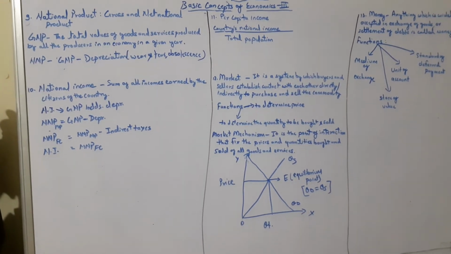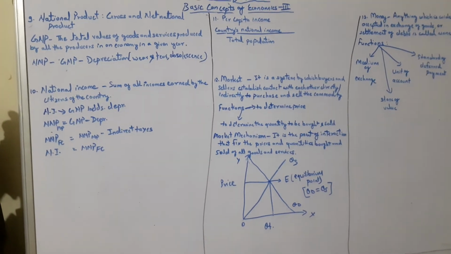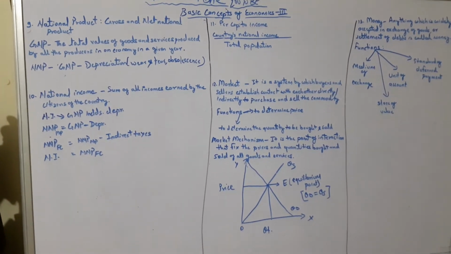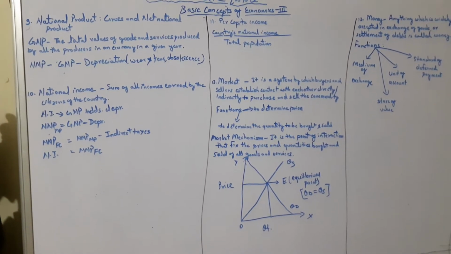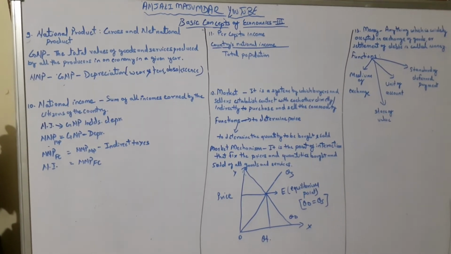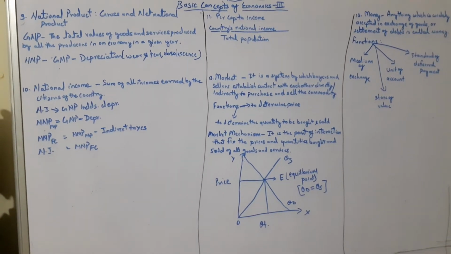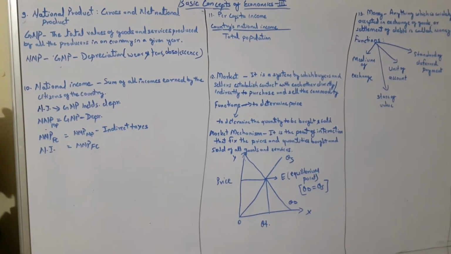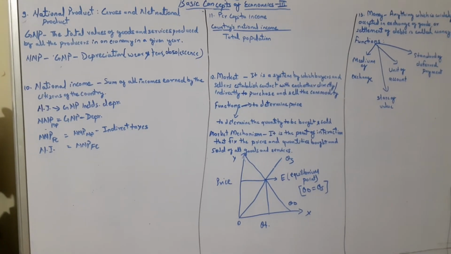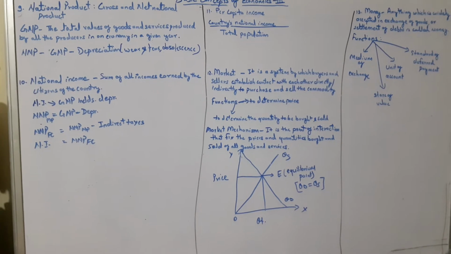This price is found after the intersection of quantity demanded and quantity supplied. This is the main function for which a market is established: to determine the price and the quantity of goods sold. So at price OP you can sell OQ goods.